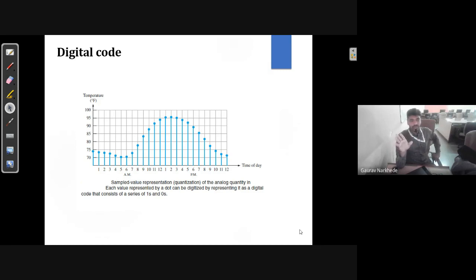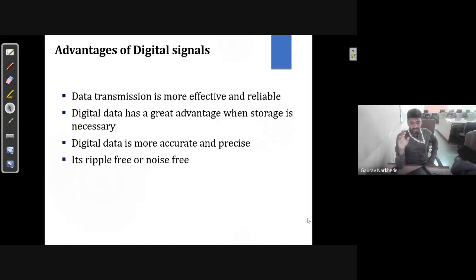Let us say 12 intervals will be there, so we take only 12 values. This is a discrete signal, and we can convert this discrete signal into a digital signal by using the binary number system. But we will concentrate only on two levels, logic 1 and logic 0.